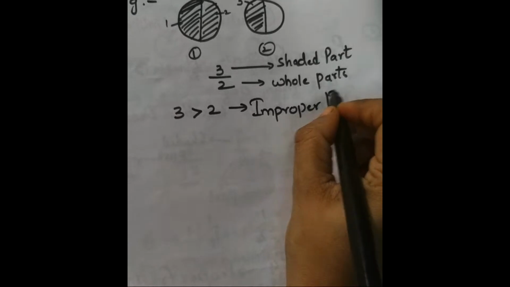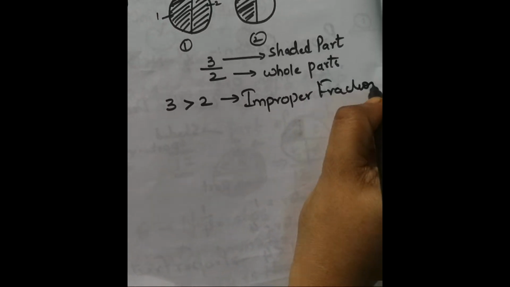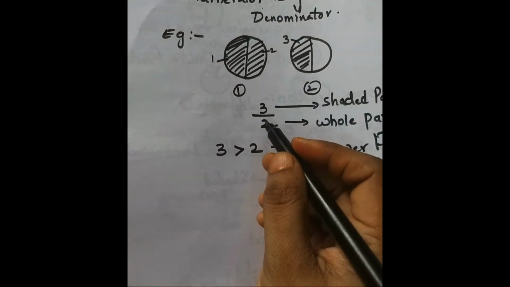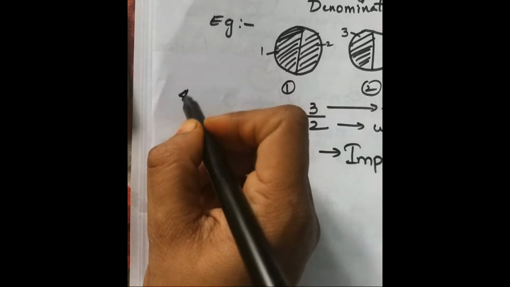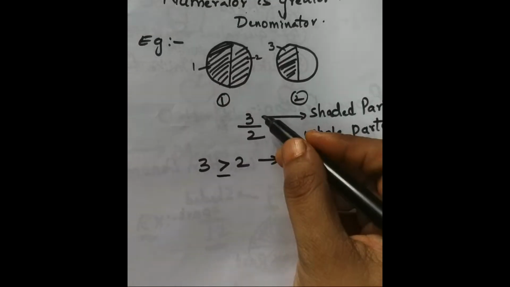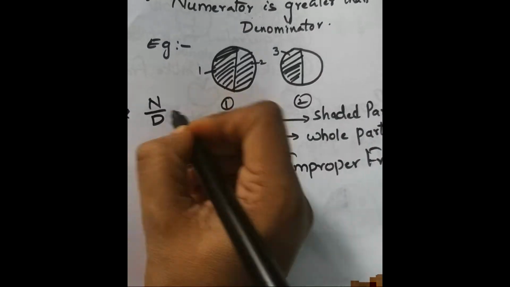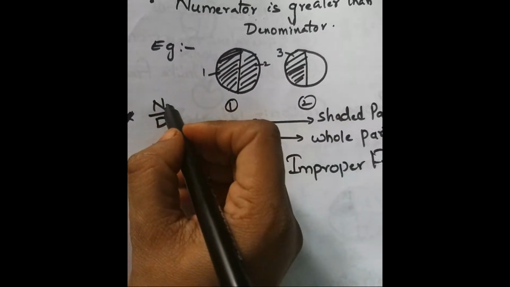Improper fraction. In a proper fraction, the numerator is always less than the denominator. This is the greater than symbol and this is the less than symbol. In this, numerator is less than denominator, that is a proper fraction.